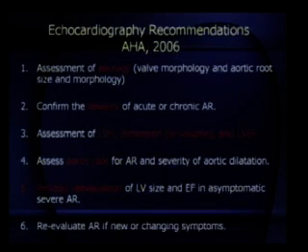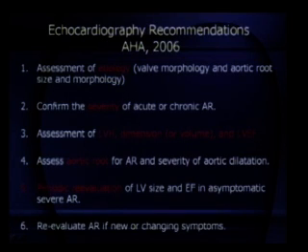Now, what are the recommendations of the American Heart Association as far as echocardiography is concerned in a patient of aortic regurgitation? The first point says assessment of etiology, valve morphology and aortic root size and morphology. This is how you will use echocardiography for aortic regurgitation.